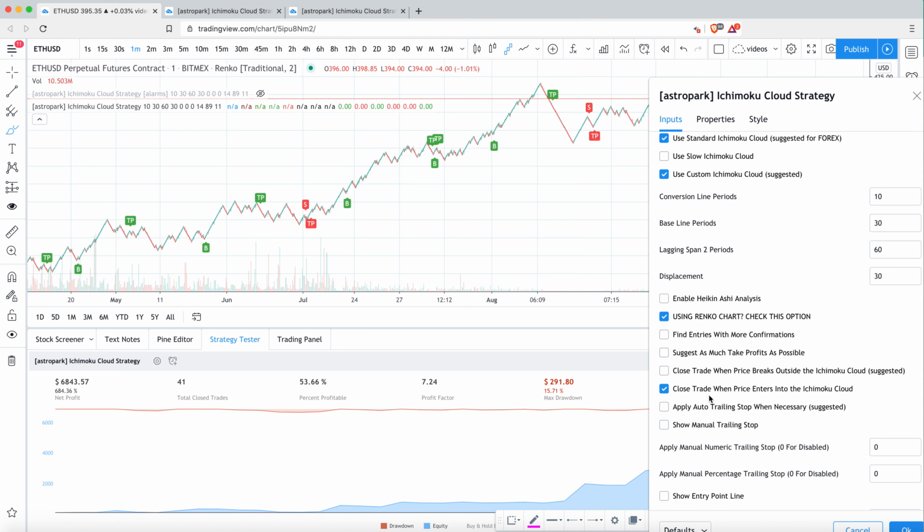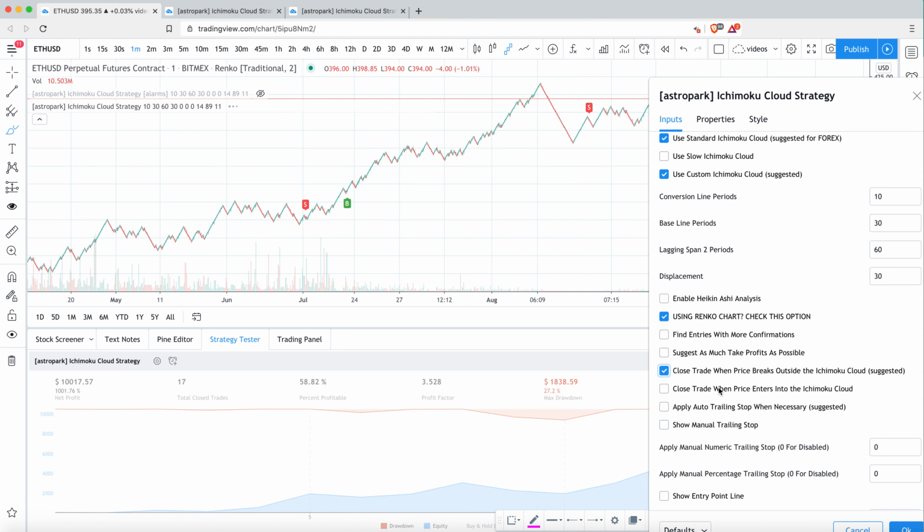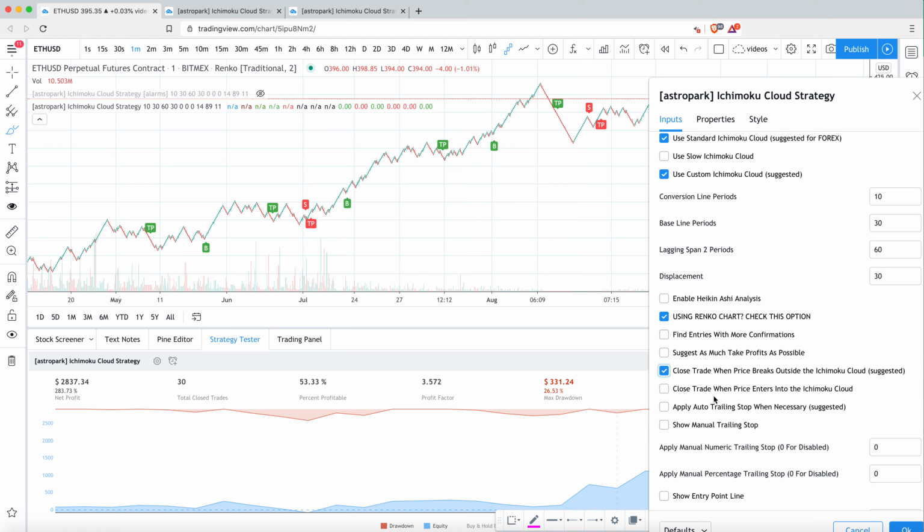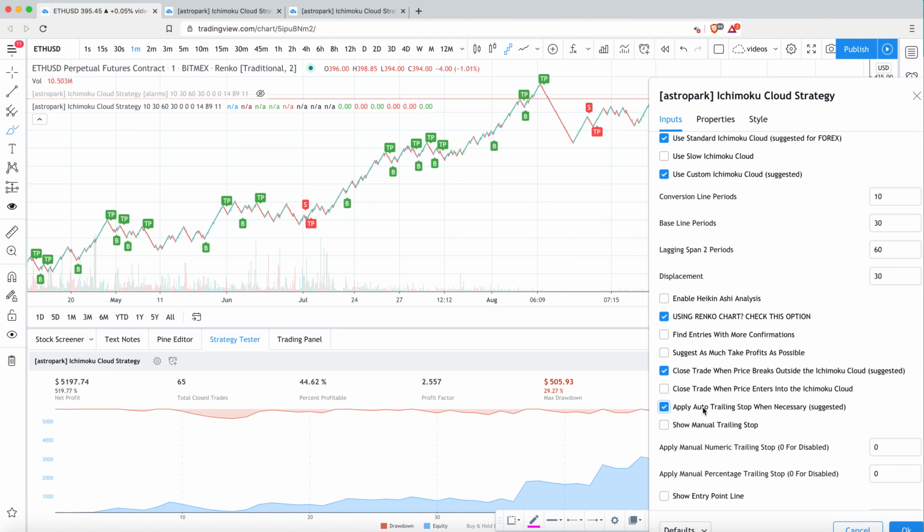So I always suggest at least having one of these enabled. I mean, these are always some good trades. You have a lot of good trades. With the auto trailing stop, here you start somehow overtrading, for example.